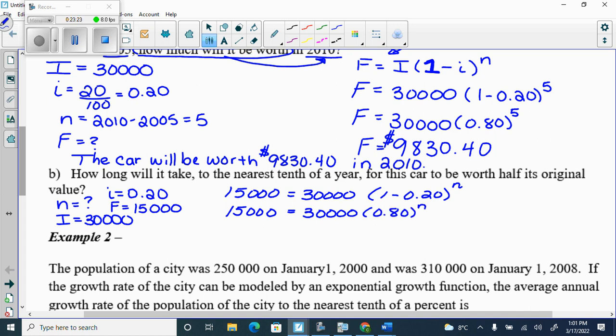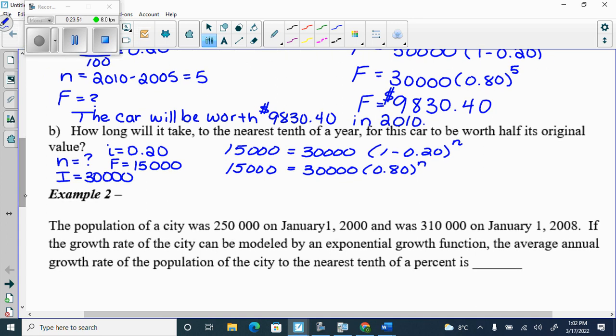Now in order to solve any of these, this is something to note in your head. If you're given the final and the initial, once you've filled in your formula, the very first thing you're going to do every single time is divide the initial over. Because if you're going to type in your calculator, it makes the number way smaller. So our very first thing we're going to do is divide this 30,000 over.